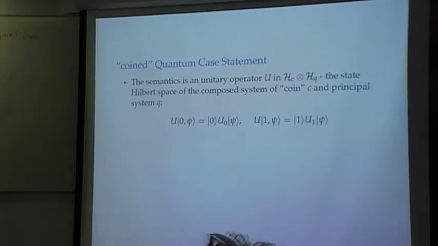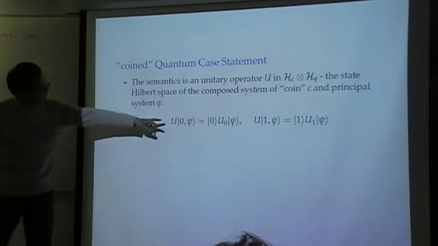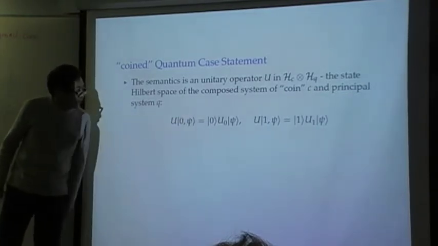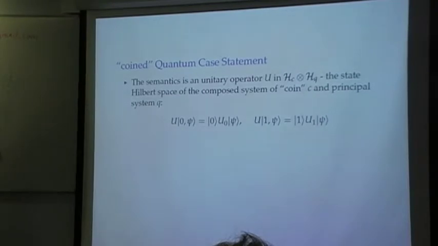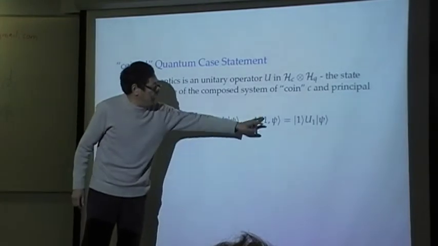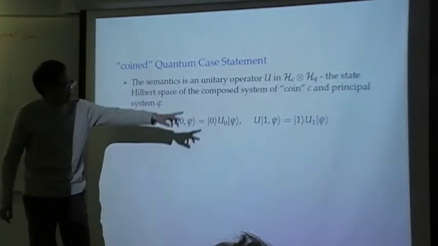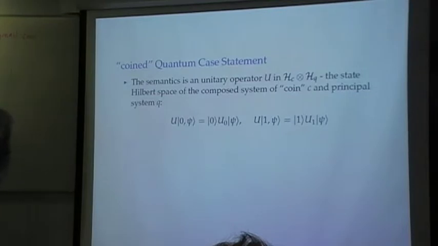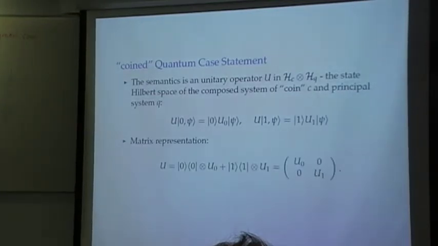So HC is the state space of the coin, and HQ is the state space of the principal system. So this unitary acting on ket0 and psi, we get ket0 and U0 acting on psi. And if we apply it to ket1 and psi, then we get ket1 and U1 acting on psi. We can also use this matrix representation. Then the U is just the diagonal matrix of U0 and U1.